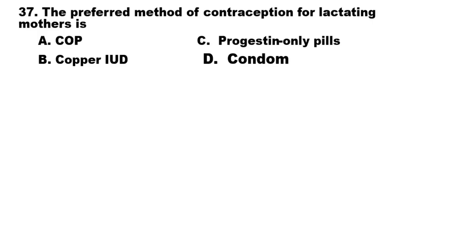The preferred method of contraception for a lactating mother is A. COC, B. copper IUCD, C. progestin only pills, D. condom. Please think over it for 5 seconds.